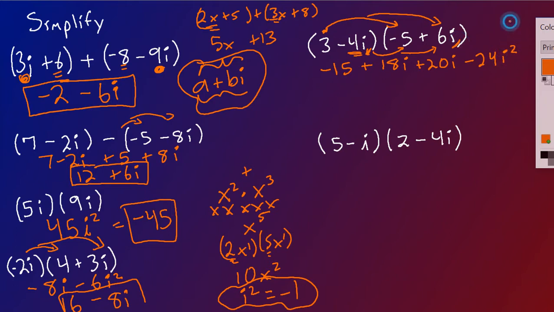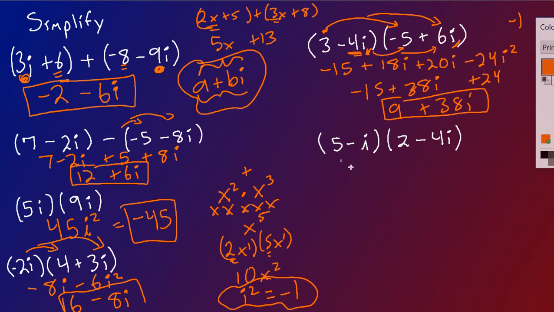And i squared is negative 1. So what's that switch this to? Plus 24. I can combine those, and I get 38i. And right here I have negative 15. Alright, so I combine my like terms, and I get, looks like 9 plus 38i.